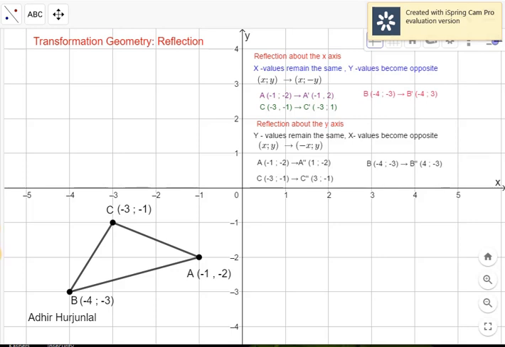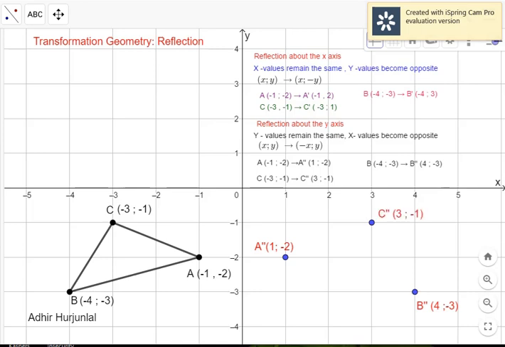You will see that this is a very, very easy portion because now I have the reflected points or the transformed points, if you would like to say. I now simply plot them according to the coordinates. Point A is (1, -2). Point B is (4, -3).